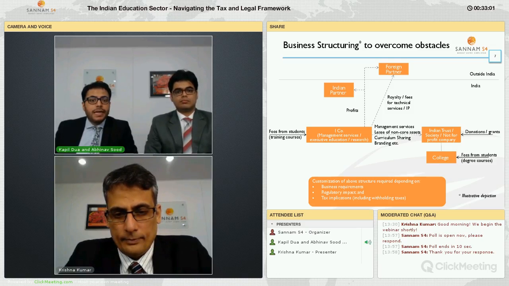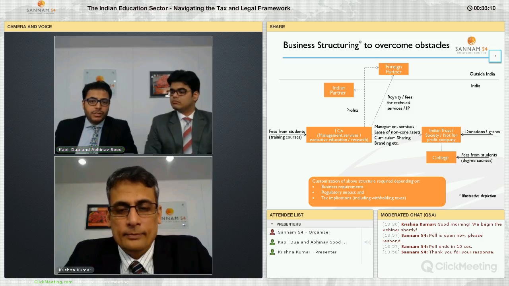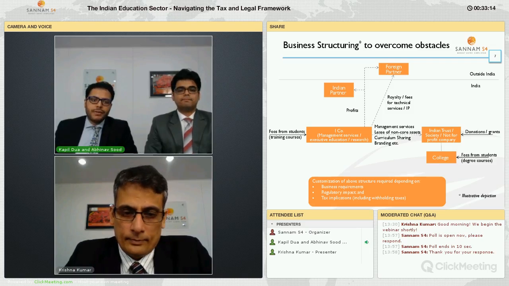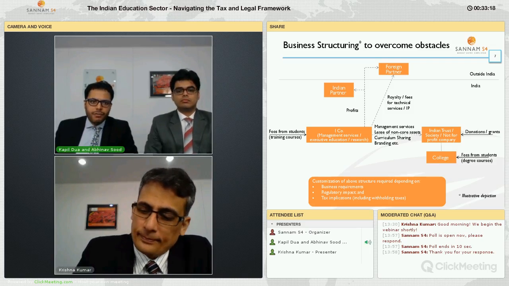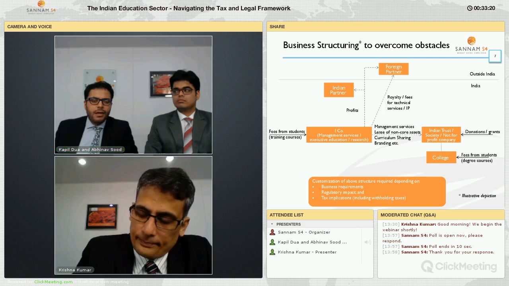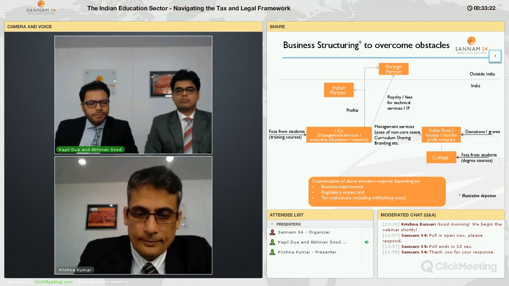They can live as expats in India under your Indian company, and then they will be providing the education services to those Indian trusts or education setup colleges, and they will pay you for the management services or consulting services. They will withhold taxes at 10%, which is fine. You can recover that from the Indian government while you're filing the tax return of your Indian company.